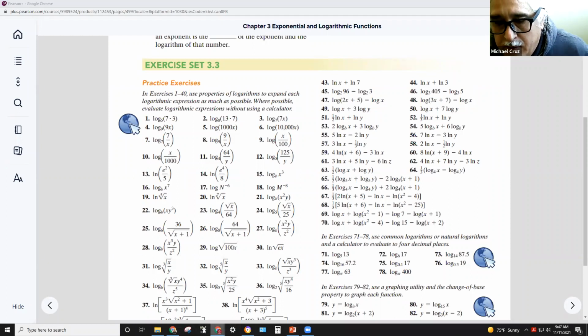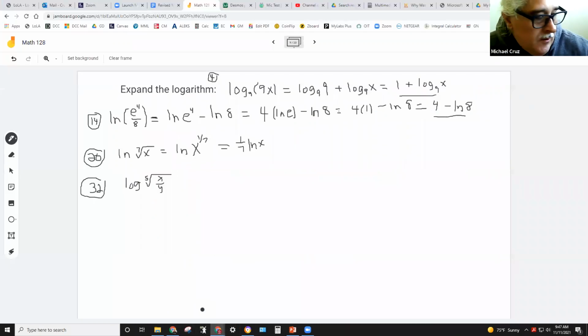So let's go over here and look at this on that board. All right, so we're expanding. The first thing it's smart to do is this: write it with that rational exponent of 1/5.